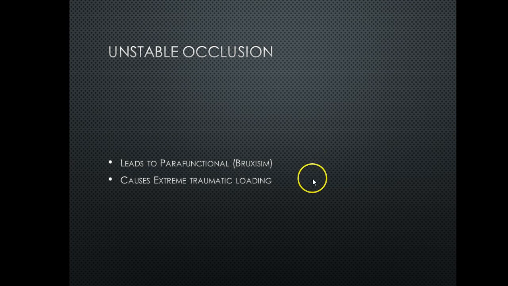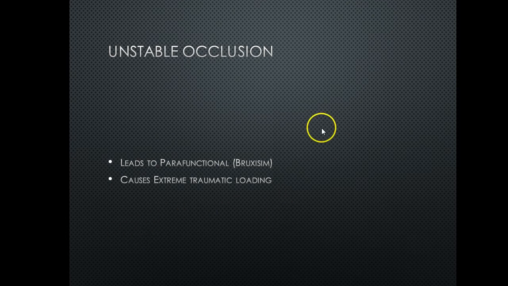That could even make it worse because they lost their PDL, and all that force will be generated on their prosthetic, which could fracture or even lead to an implant failure. So we need to avoid unstable occlusion, looking at the symptoms of the patient, making sure this is not what's happening in the mouth, and give ourselves the best chance so our implant would succeed.